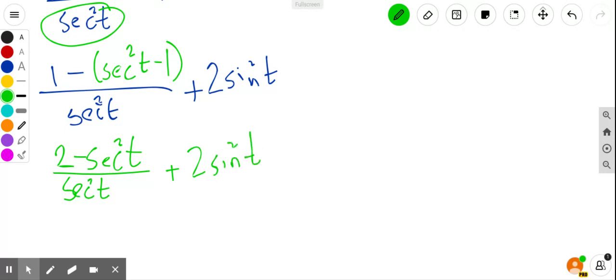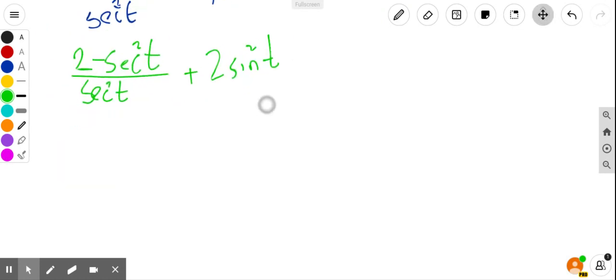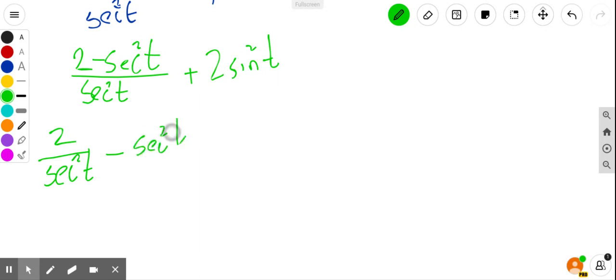All right, and now I'm going to choose to do my dividing. I'm going to break this up into two fractions, so it's going to be 2 over secant squared minus secant squared over secant squared plus 2 sine squared of t.